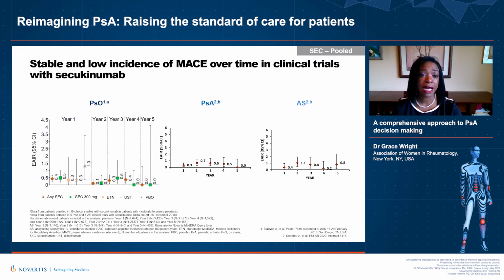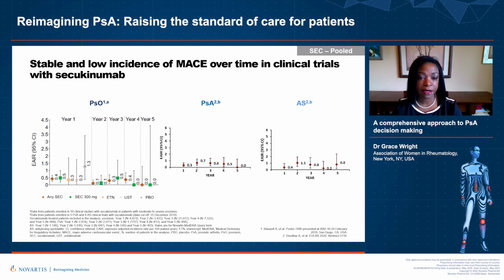When we look at the incidence rate of MACE over time in clinical trials with secukinumab, again having comparatives for placebo, etanercept, and secukinumab shown here, we'll see that the background rate for the placebo-treated arm was 1.3, and all of the other arms were anywhere between 0 and 0.5 over the course of the 5 years.